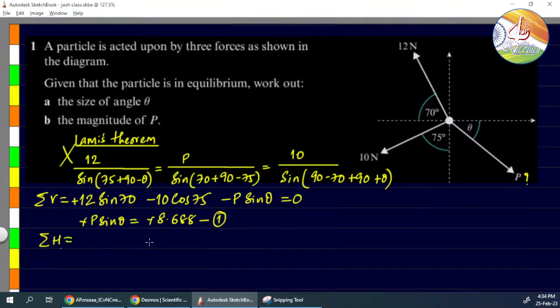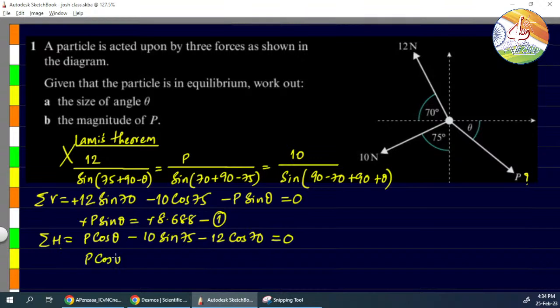Then we need to take the horizontal components. So take all the horizontal components. First, let's start with P. So P cos theta, then minus 10 sine 75, again minus 12 cos 70. This total should be 0.